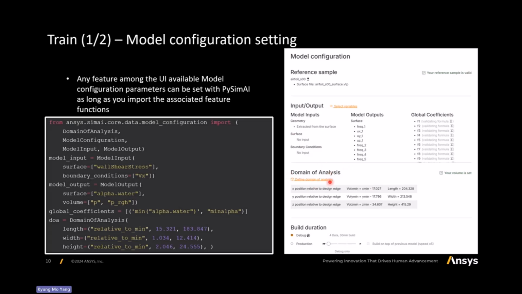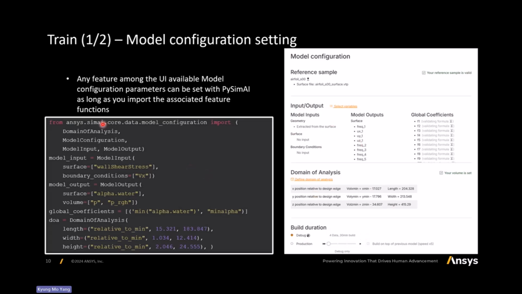You are going to define the domain of analysis, so in which domain, in which field cube, you are going to perform your predictions. And finally, you define the duration of your building. This is like saying how long the machine is going to learn from the data that you gave.